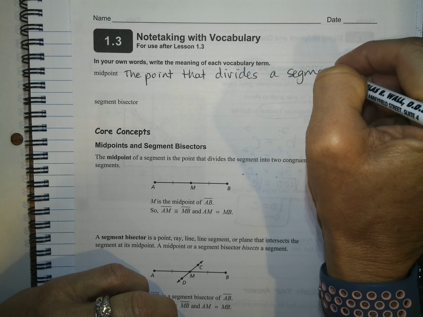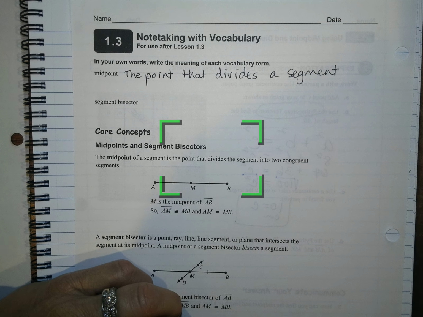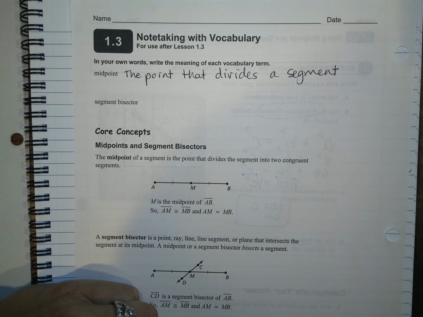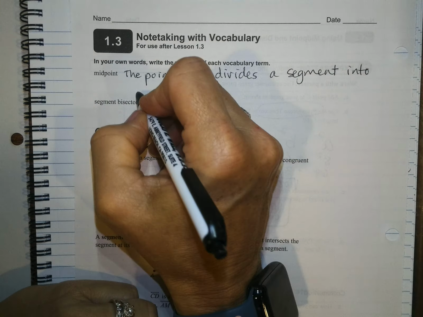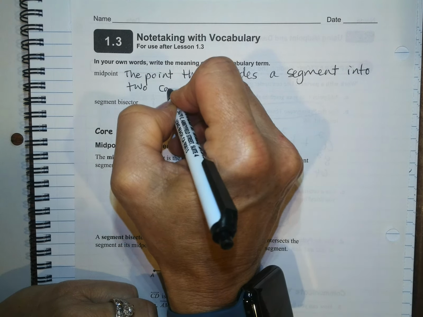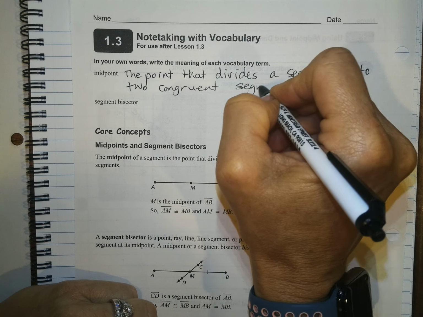And remember, there are flashcards on Quizlet that I already loaded in on Teams for you. So you can do it that way too, but I expect you to write this down.